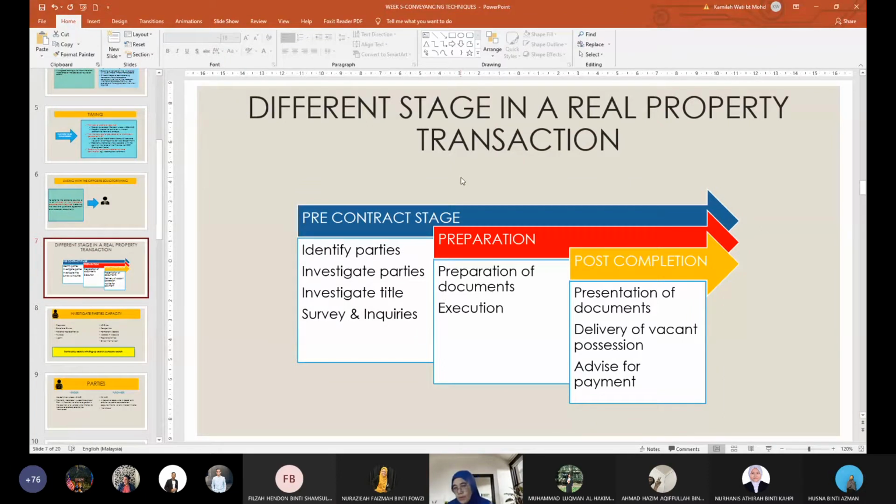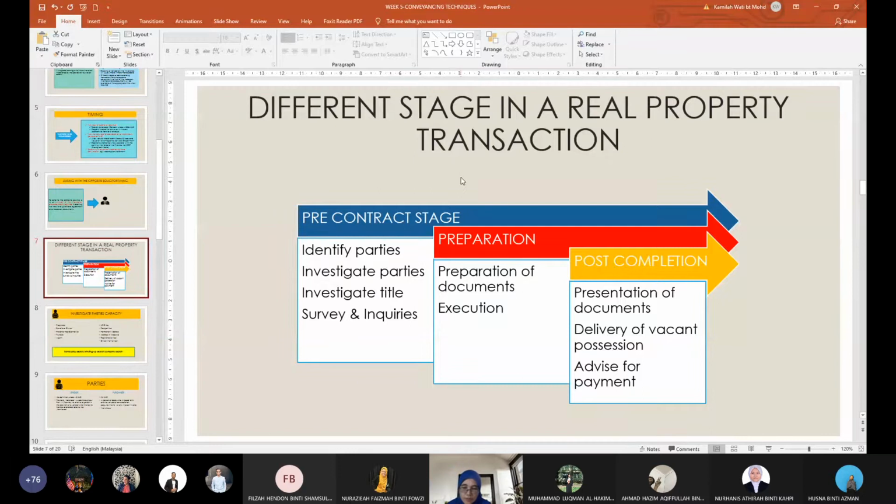So the post completion, so when all the documents are ready, meaning dah duly stamped, dah duly executed, payment untuk bayaran-bayaran tu, bills semua kita dah bagi, we are now in the stage of presentation of the documents.